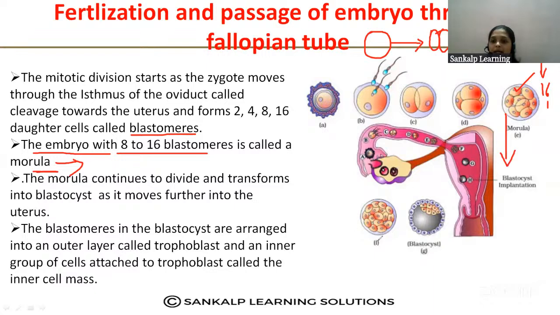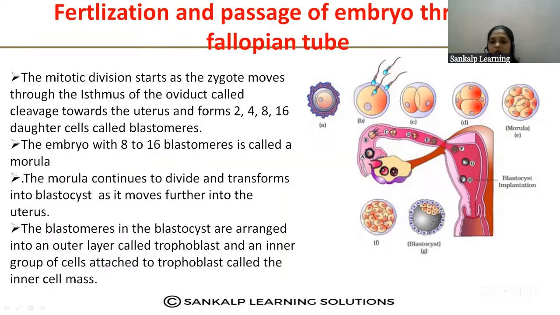ಈ morula ಏನಾಗತ್ತೆ, next ಮತ್ತೆ 32 ಸೆಲ್ ಸ್ಟೇಜ್ ಆಗತ್ತೆ. ಆಫ್ಟರ್ ದ್ಯಾಟ್ ಇಟ್ ವಿಲ್ ಡೆವಲಪ್ ಇಂಟು ಬ್ಲಾಸ್ಟೋಸಿಸ್ಟ್. Then what is this blastocyst, what is the difference between the morula and blastocyst? Morula is the 8 to 16 blastomere stage, but what is a blastocyst?